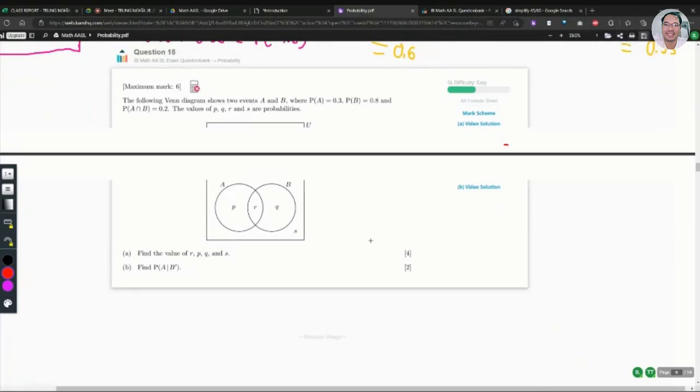The Venn diagram shows two events, A and B. P(A) is 0.3, P(B) is 0.8, and P(A and B) is 0.2. Find the values of P, Q, R, S. Not very difficult, I think you can do that. Intersection first. We usually need to care about the intersection first because that is the key to unlock every problem.